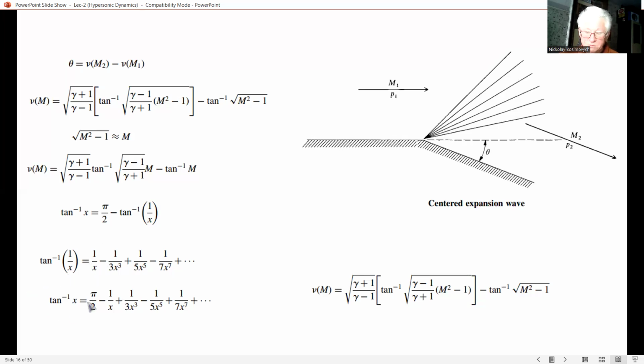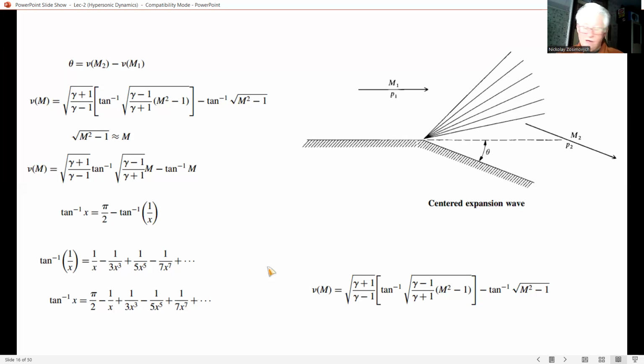Here V is the Prandtl-Meyer function. So we might write this expression for the Prandtl-Meyer function, V of M. That's one component, then the second component, the third component here.